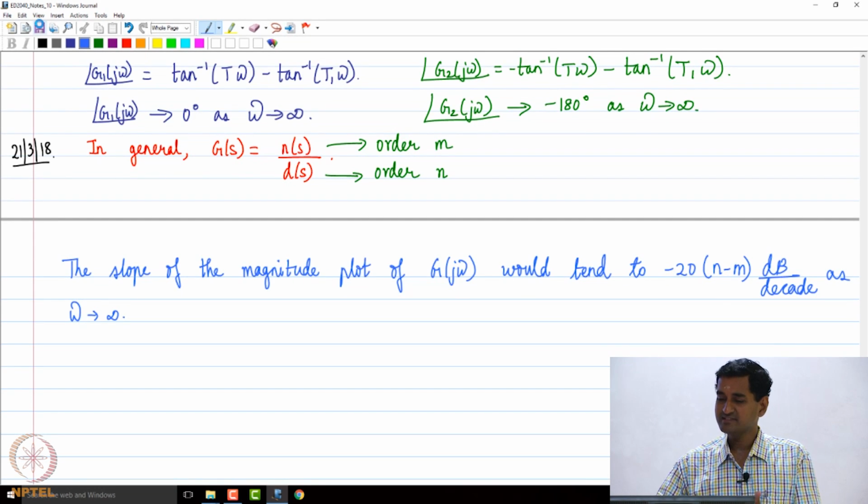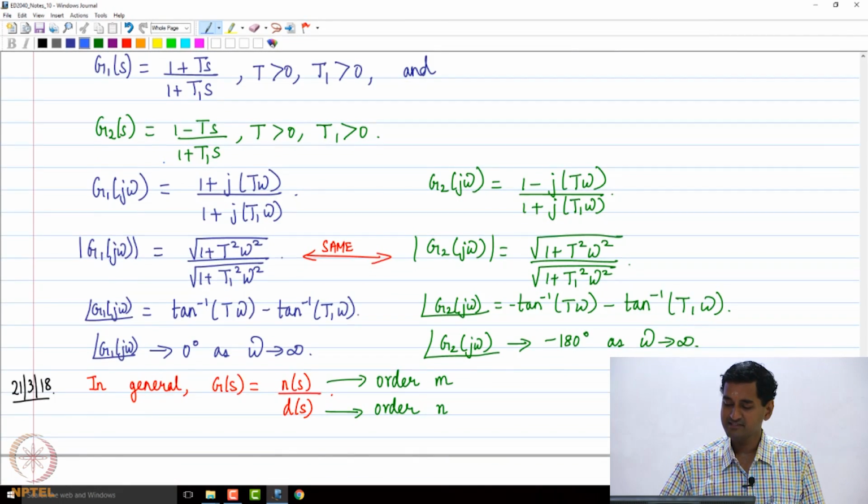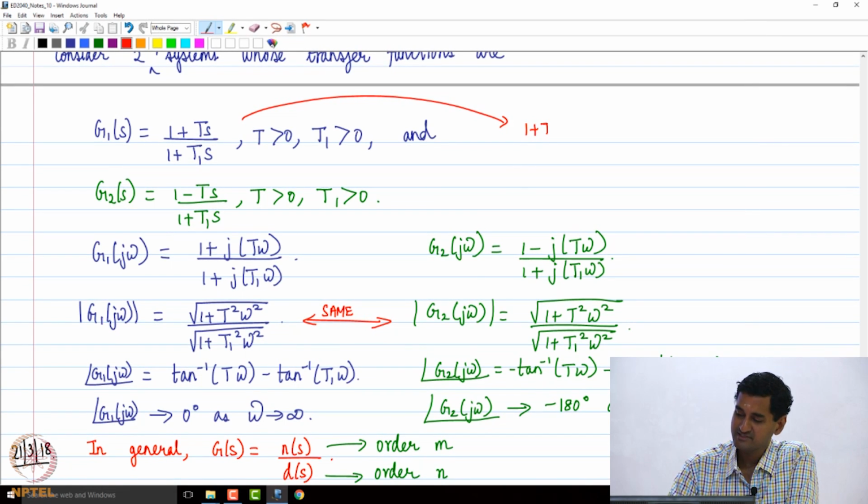We can check this from the previous example. What did we do in the last class? We immediately saw that the magnitudes were essentially the same, and this is like 1 plus Ts and 1 plus T1s, right? So you have two factors. I can rewrite this as (1 plus Ts) times 1 divided by (1 plus T1s).